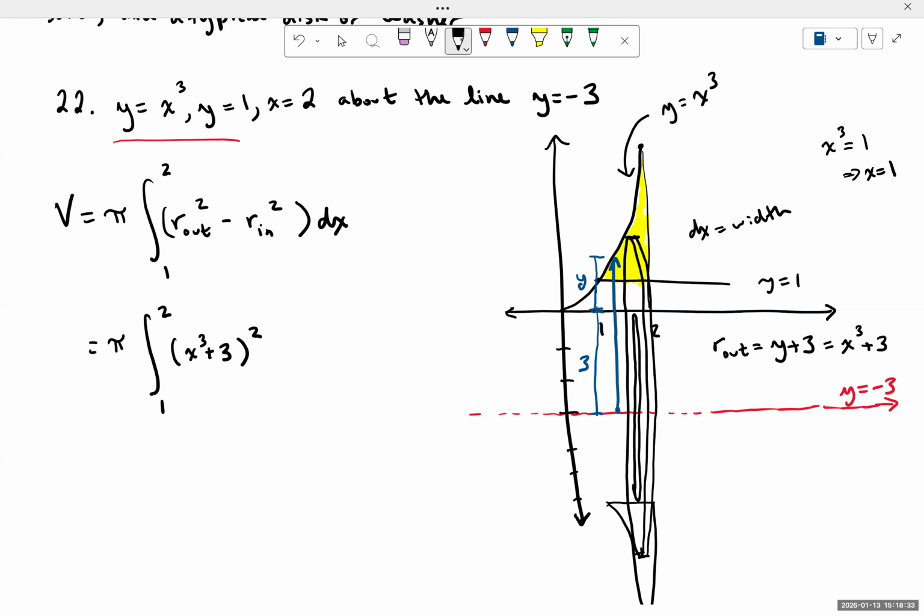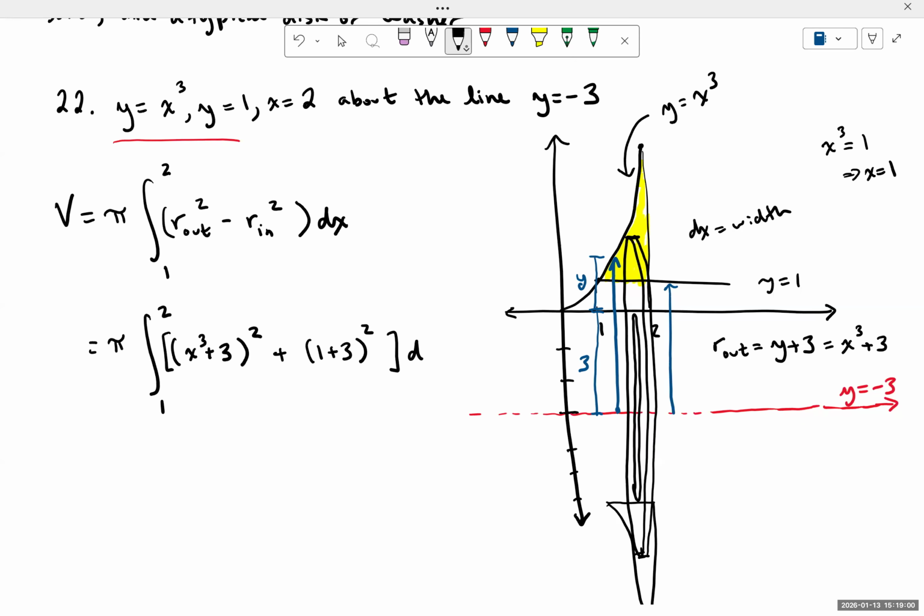Now my inner radius is kind of going to be the same thing, except instead of going up to the curve y equals x cubed, now I'm going up to the line y equals 1. So it's going to be 1 plus 3, or 4. You can see it's going to be 4. But I can write it the same way just so that I'm consistent.